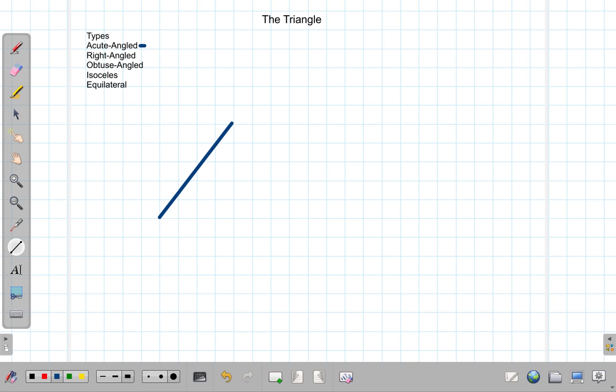So if I have this triangle, as long as we have this angle measuring less than 90 degrees, this one measuring less than 90 degrees, and this one measuring less than 90 degrees, this is an acute angled triangle.